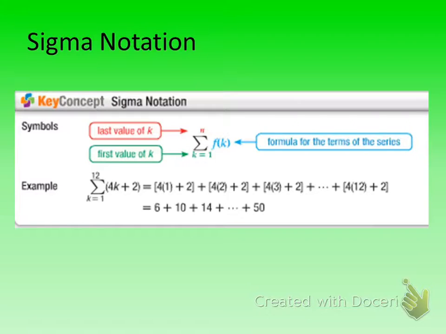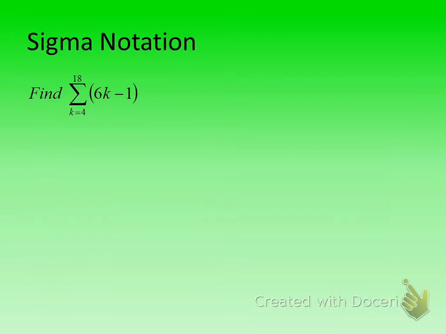Okay, so here's how this works. Everybody ready? Sigma notation. Find the sum using 6k minus 1 when k is valued between 4 and 18.